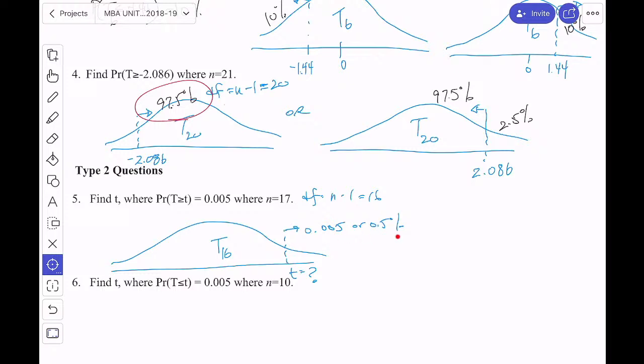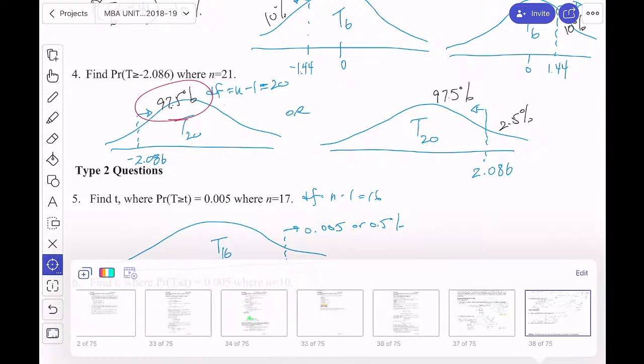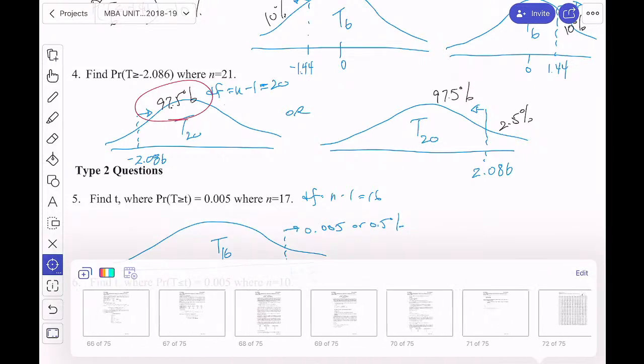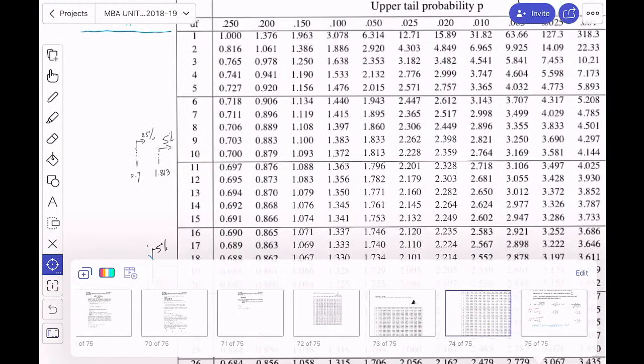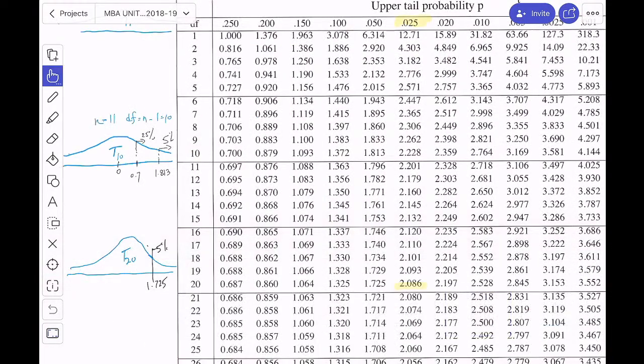So where are the tail probabilities? They're on the top of the chart, so I have to look for this number on the top and then look down. So it's the inverse opposite behavior. Starting with the probability, I can find the t-score. And you're going to see it's very easy.